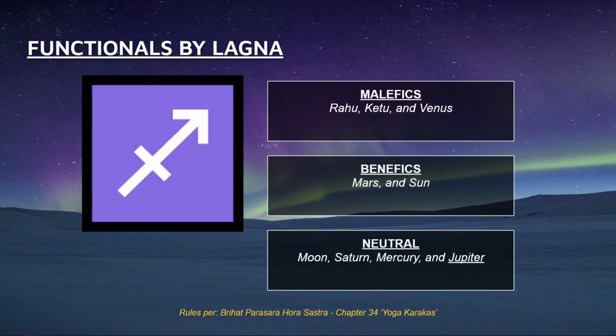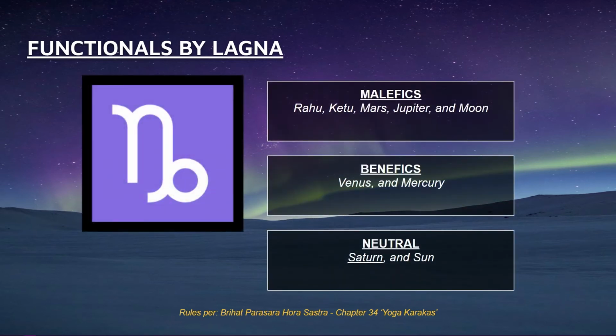Sagittarius Lagna, malefics include Rahu, Ketu, and Venus is a killer for Sagittarius. Benefics are Mars and Sun, and neutral is Moon, Saturn, Mercury, and Jupiter. On to Capricorn Lagna, malefics include Rahu, Ketu, Mars, Jupiter, and Moon. Benefics are Venus and Mercury, and neutrals are Saturn, which you would not expect, and Sun.